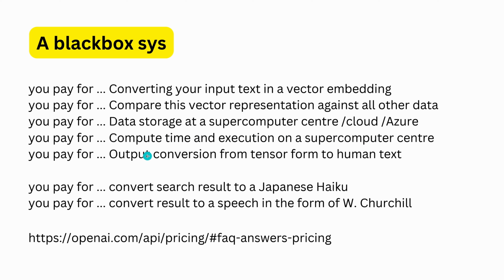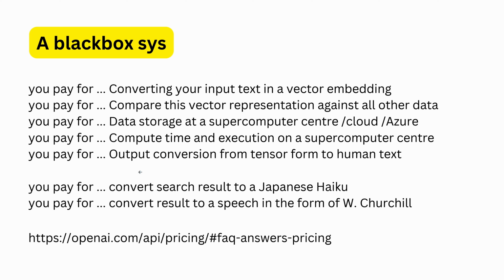And then you have an output and you have to convert this output from code to human text. And all this has to be executed in a supercomputer. And damn, it takes time, it takes energy, it takes a lot of resources, CPU, GPU, TPU, everything on the network. Somebody paid to build all the infrastructure. And you use this, and of course you have to pay for this.